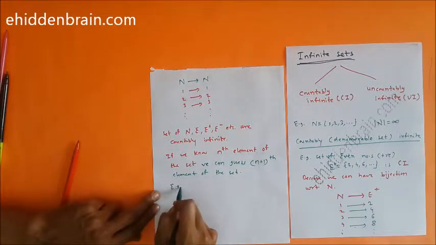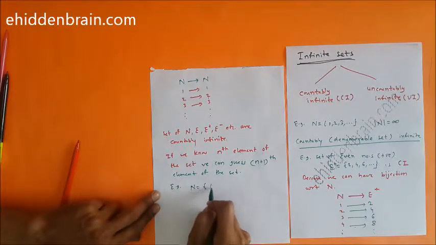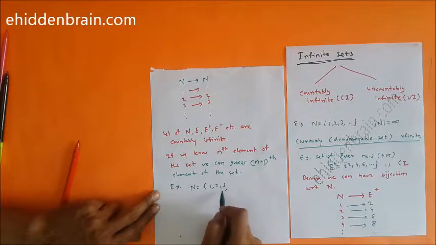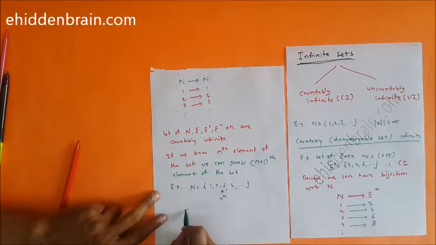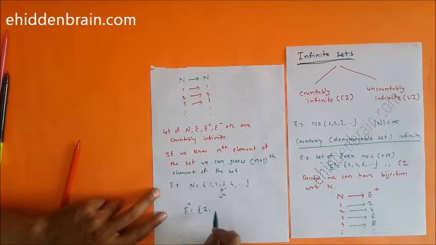For example, set of natural numbers 1, 2, 3. If I know nth element as 3, then definitely n plus 1 element will be 4, something like this. And set of even positive numbers, I can say 2, 4, 6. If I know the nth element, I can let you know the n plus 1 element. Definitely it will be 8 because it's even number, so you have to add 2.